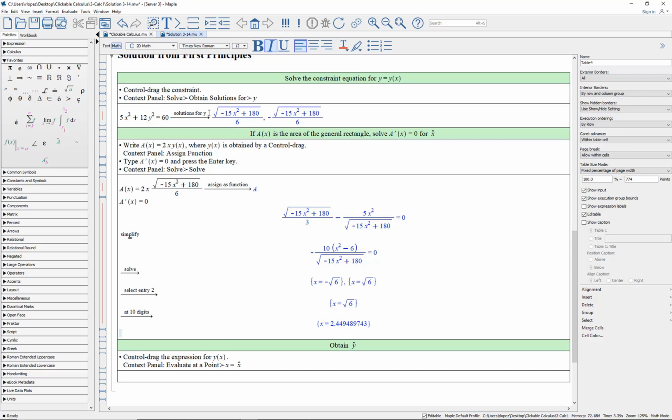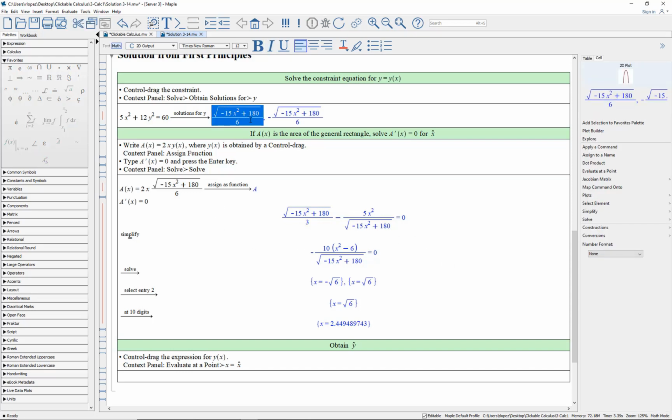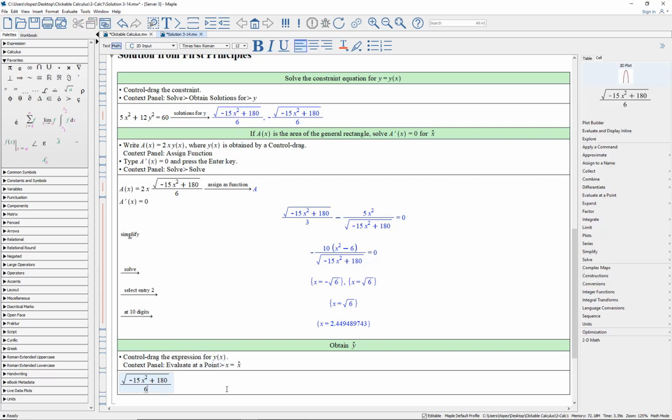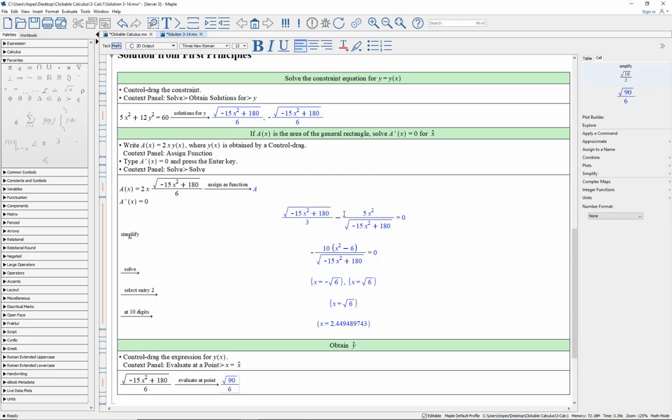Now, the expression that gives us y is this positive branch on the ellipse. If we evaluate that at the point, and I'll just type in SQRT of 6, we have this number. You could probably simplify that. In fact, simplify.